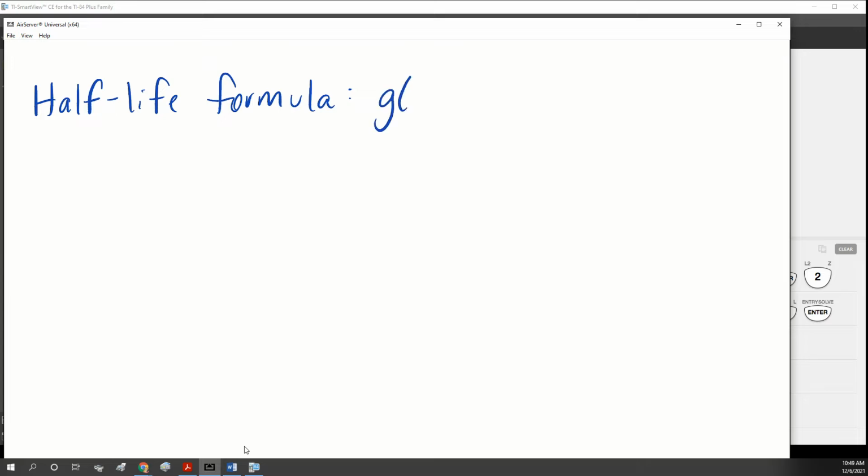I'm going to call it G today. So G of T is equal to A, and then in parentheses, 1/2 raised to the T over K. Right? And just like the previous formula, A is the initial amount, and K is going to be the half-life.